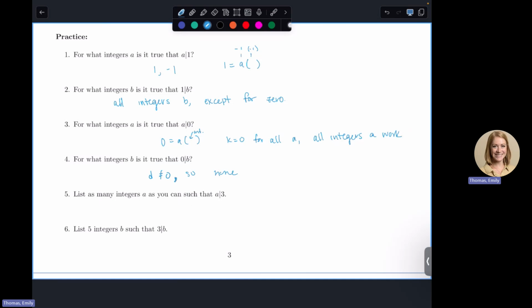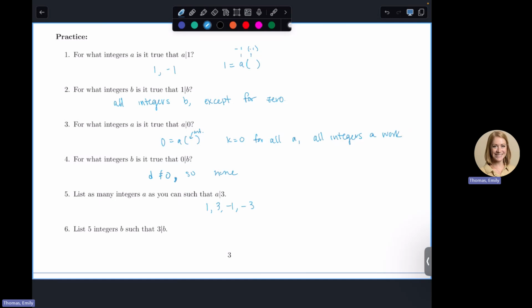Okay, how many integers do you know that can divide into 3? 1, 3, -1, -3. Yeah?